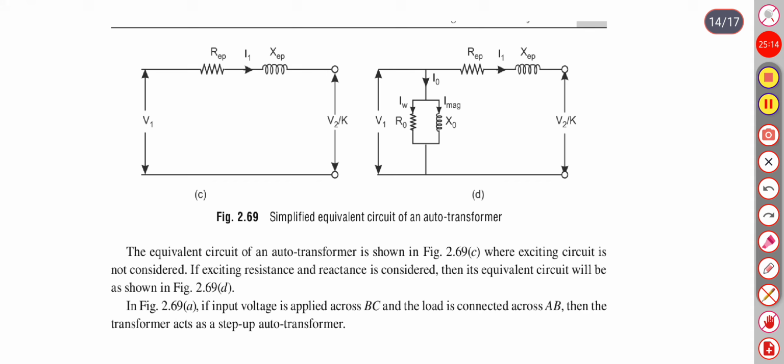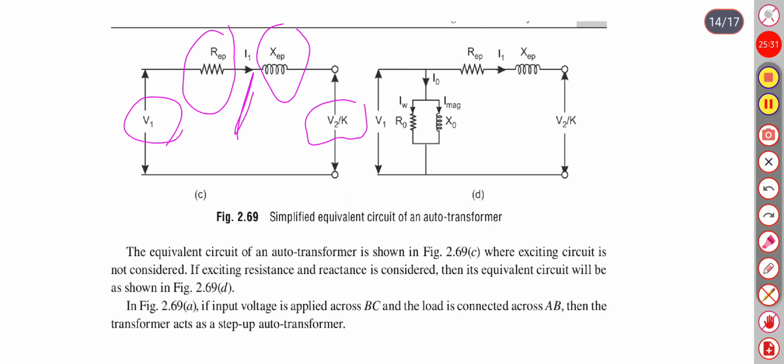Here the simplified circuit for an autotransformer is drawn. So this is the applied voltage, this is the R equivalent, X equivalent, this is the I1 current and the voltage V2 upon K. This is the equivalent circuit of an autotransformer where exciting current is not considered.